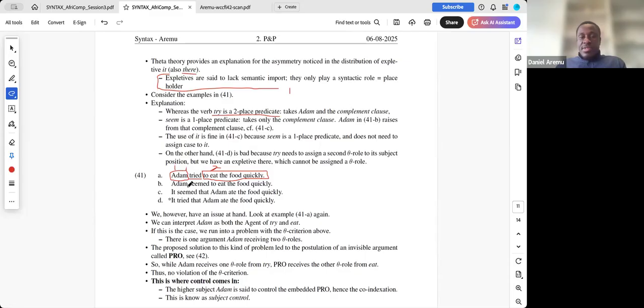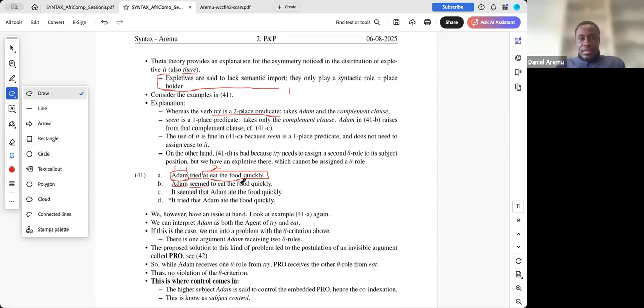On the other hand, the verb seem is a one-place predicate. And I know this is going to raise some eyebrows, and I'm going to explain it. Now, seem is a one-place predicate, even though we have Adam here, and then we have what looks like, not even looks like, it is a non-finite clause, right?